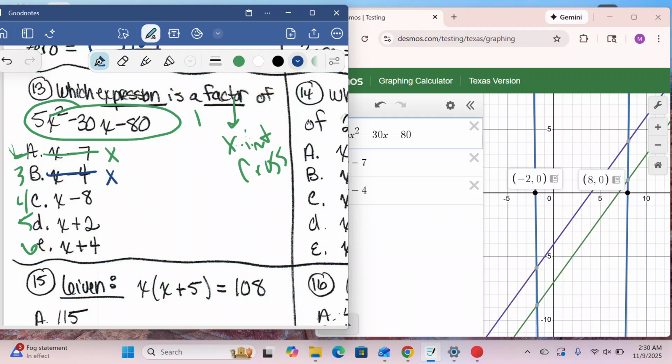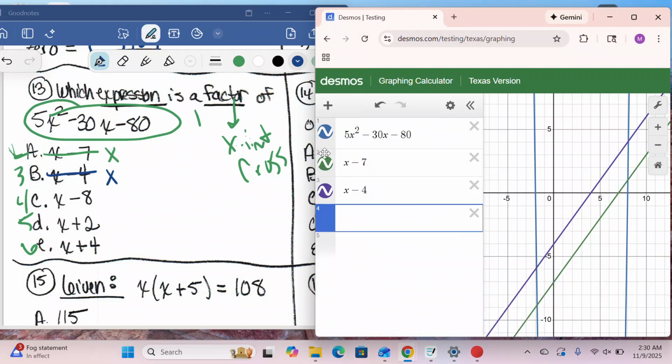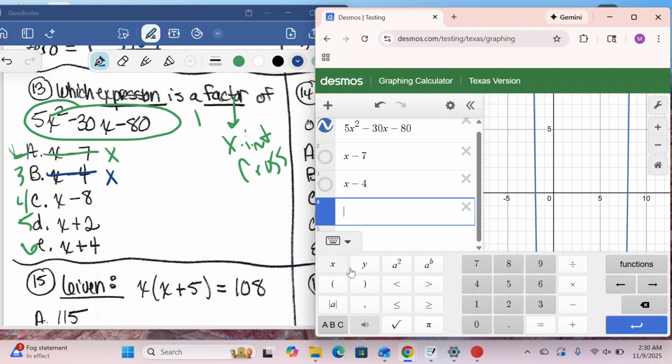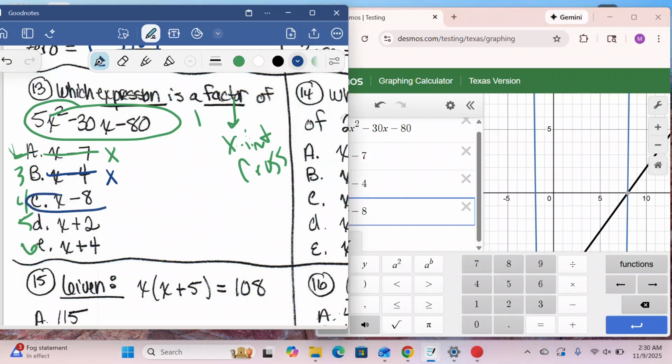And then since the lines are becoming confusing and blurry, I'm going to uncheck this one, and I'm checking this one. So I'm going to input in 4, x minus 8. And there it is. It does cross my x-intercept. So once again, C is a factor. Yes.